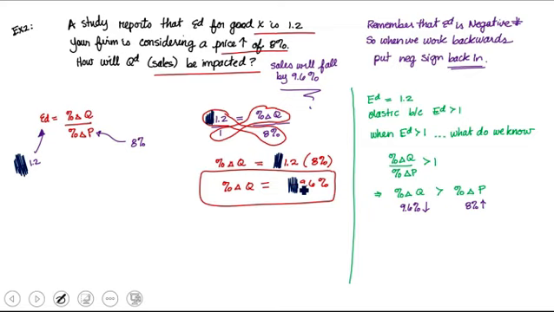Okay, I think the answer is even simpler than that. How do I know I've made a mistake? How do I know I've made an error here? I get the answer that percent change in quantity is positive 9.6%. What tells me I've made an error? The elasticity of demand is not negative?